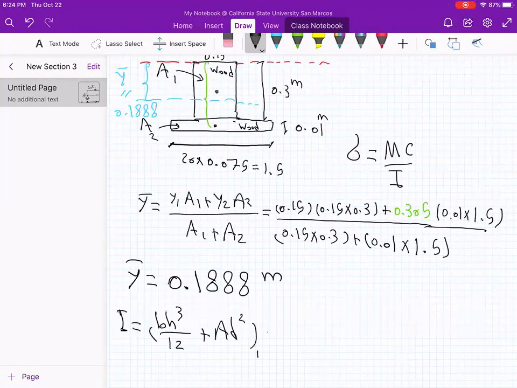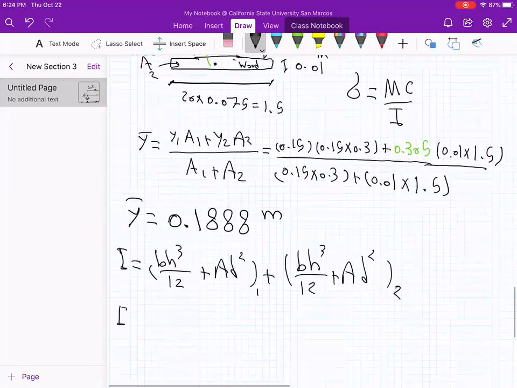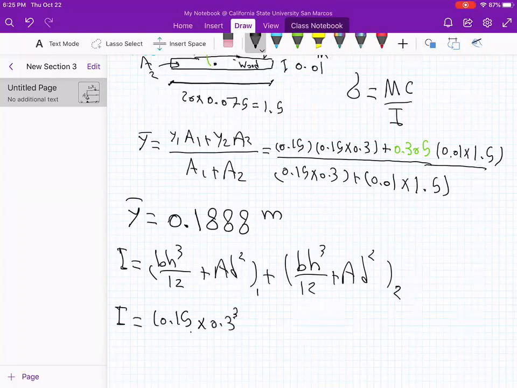For area 1 and for area 2. Let's start with area 1. What is B? 0.15. What is H? 0.3. What is A? Times 0.3.